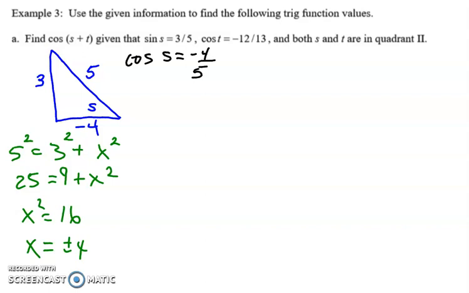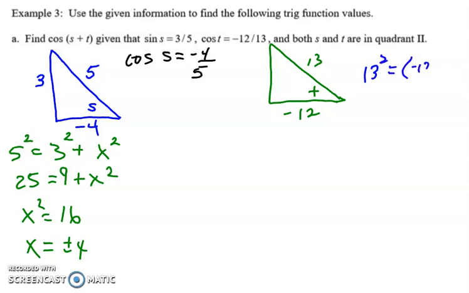So if we look at t, given again a negative x, a positive y, we call that triangle, negative x, positive y, and we're talking about t. Knowing the cosine is negative 12/13, again Pythagorean theorem, 13 squared is equal to negative 12 squared plus the y squared that we're looking for. So 169 is equal to 144 plus y squared.